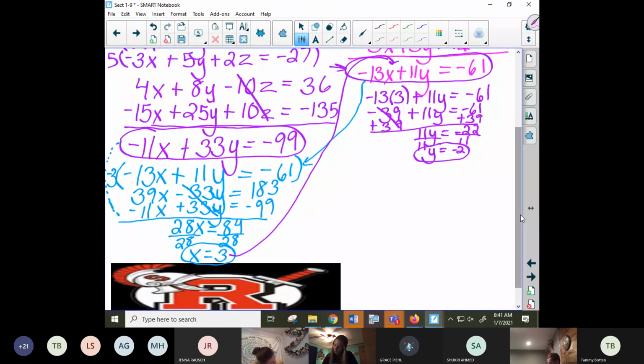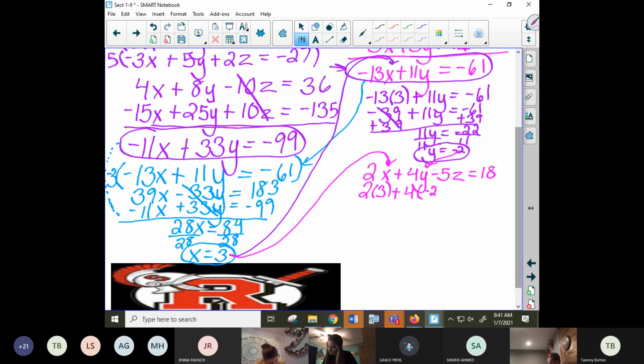Okay, so I'm going to write that down next. 2x plus 4y minus 5z equals 18. I'm going to put this 3 in for x, this negative 2 in for y. So it's 2 times 3 plus 4 times a negative 2 minus 5z equals 18.